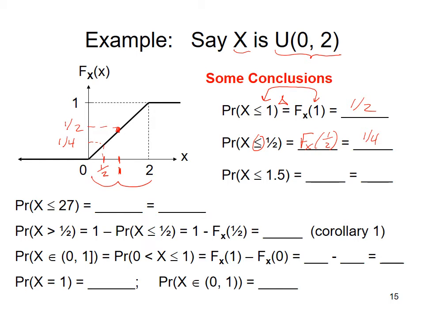Last one, probability x less than or equal to 1.5. Again, because of the less than or equal to, that's the definition. Capital Fx of 1.5. So I read off the value of the function at 1.5, go over to 1.5, which is 3/4 of the way between 0 and 2.